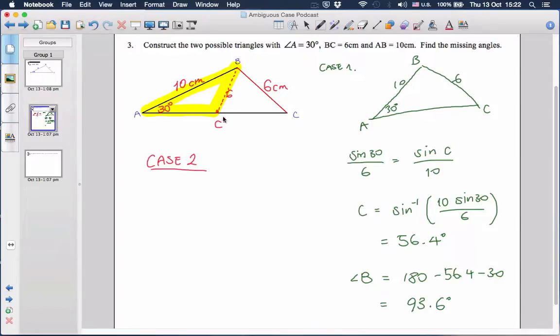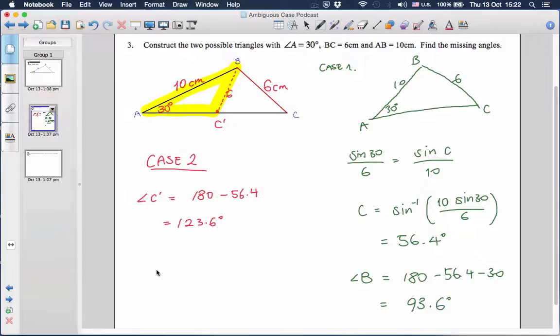In that case, angle A is still 30, but angle C prime is 180 minus angle C. So 180 minus 56.4, which would be 123.6 degrees.